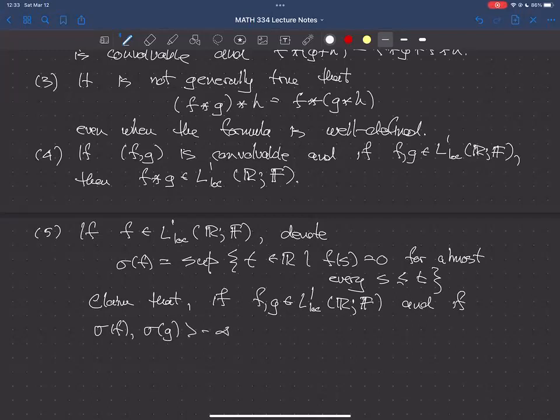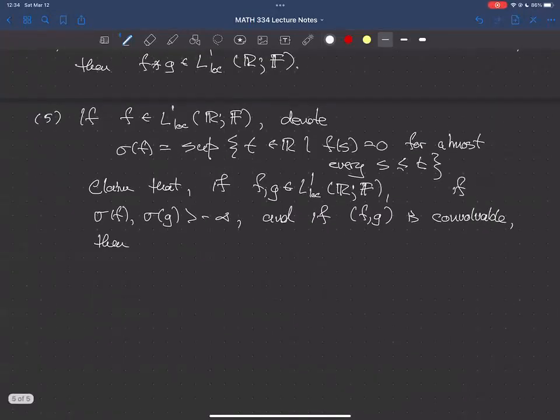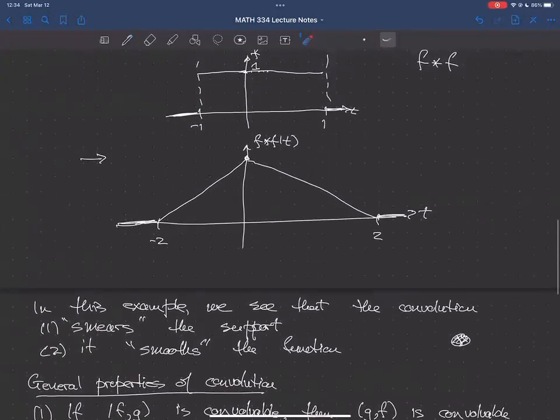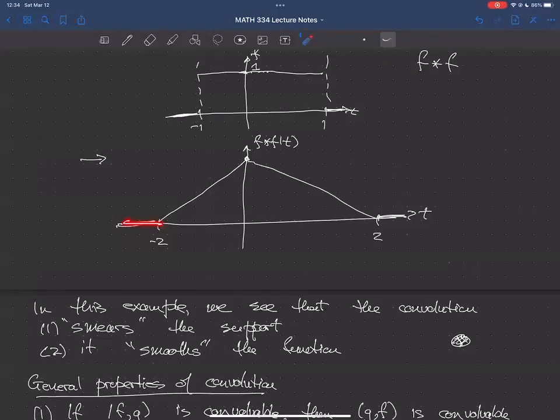Okay. So get my grammar right. And if f, g is convolvable, then there's a formula for its convolution. Again, this is intended to generalize this observation I made in this example about the support here and how it relates to the support there. Okay.